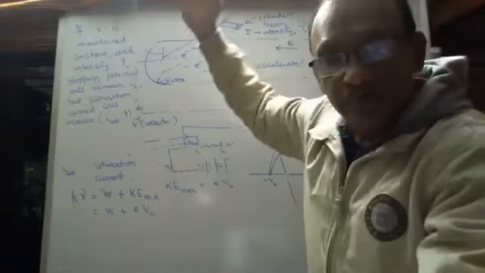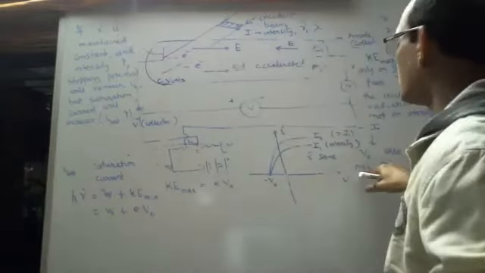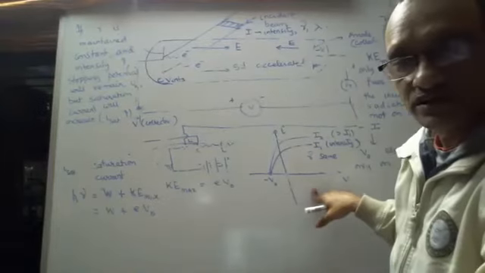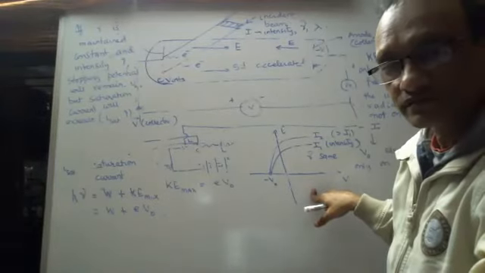So saturation current can increase on increasing the intensity. Do you understand this graph?